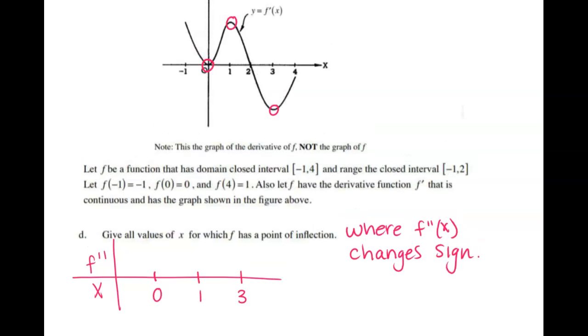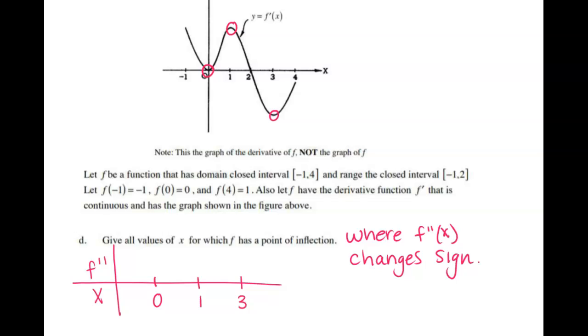If we look at the slope of the tangent line of this graph, or f double prime, to the left of 0, so right in here, it's negative because it's decreasing. Between 0 and 1, increasing, so positive. Between 1 and 3, it's decreasing, so negative, and then it's increasing again, so positive.